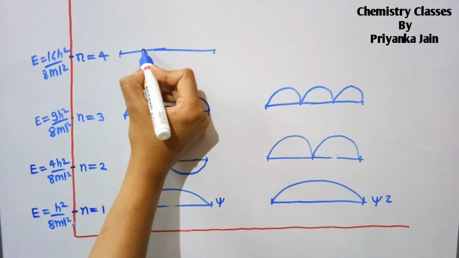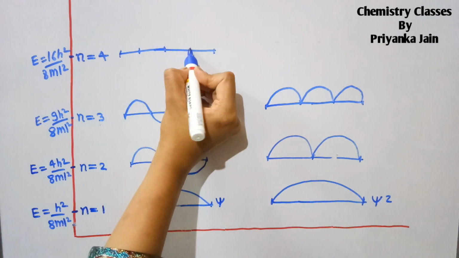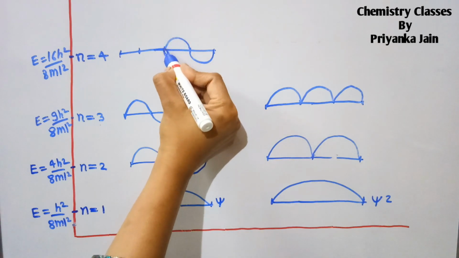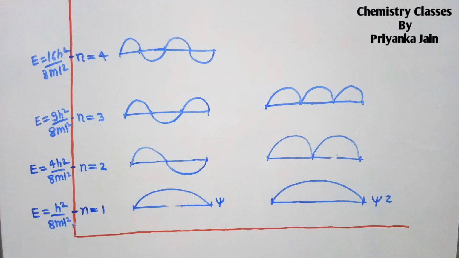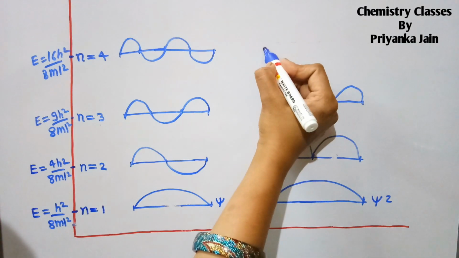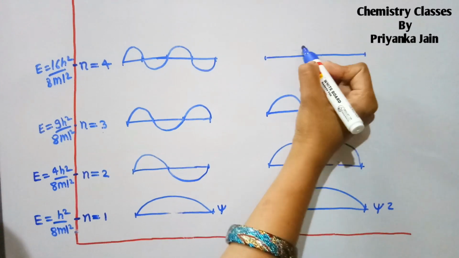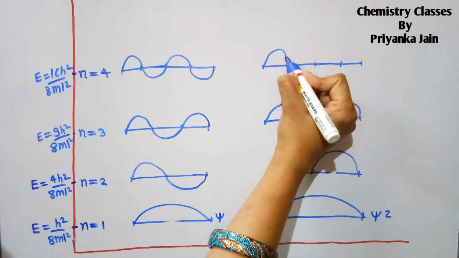So here the number of nodes will be 3, 1, 2 and 3, right? So now in this manner, this will be okay. Similarly, if we are seeing the probability density curve, here also you should make this in this way.